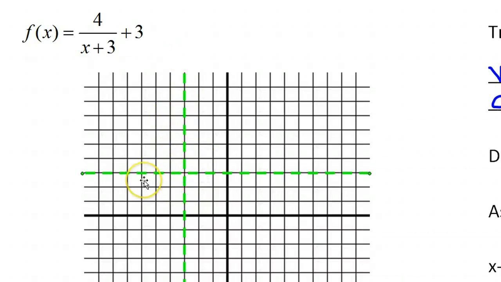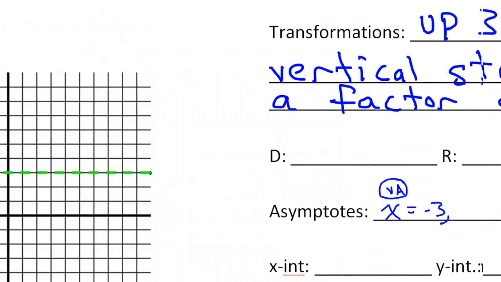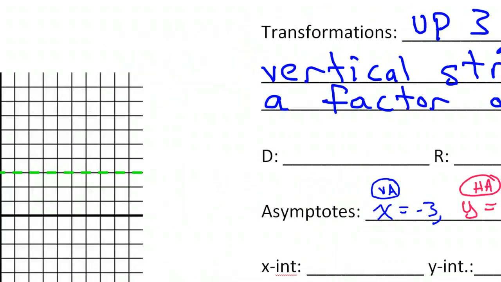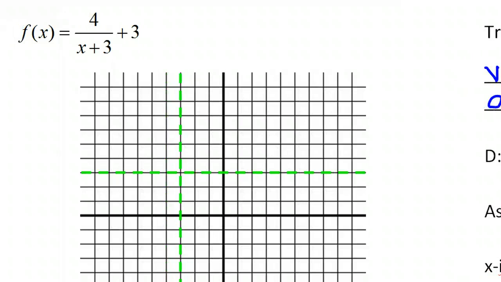But a horizontal asymptote, you can see it move when you move it up 3. So the horizontal asymptote is actually here at 3, not 0. Very important. So that's why we'll have our horizontal asymptote y equals 3. I hope you weren't thinking 0, because that would be wrong. Now we got the asymptotes.